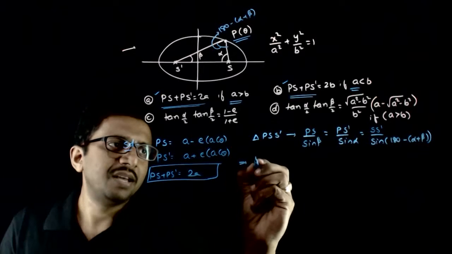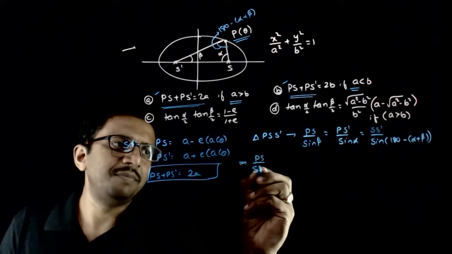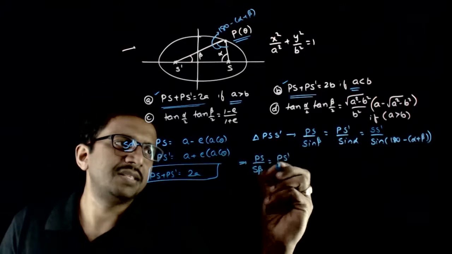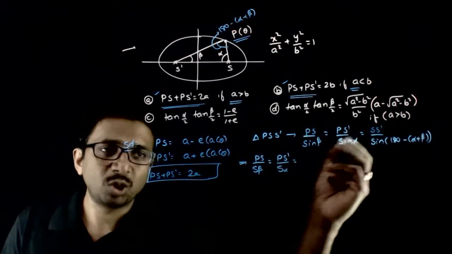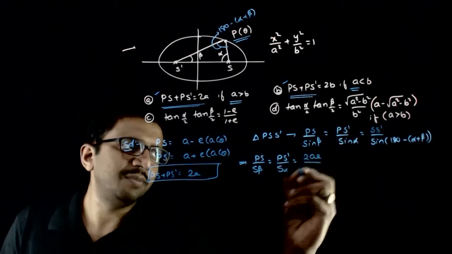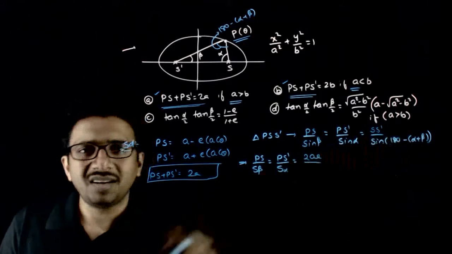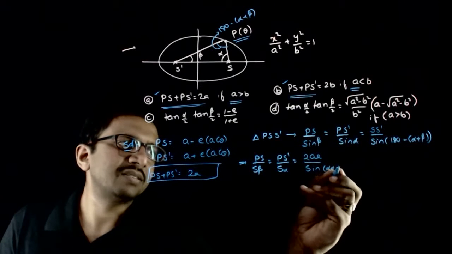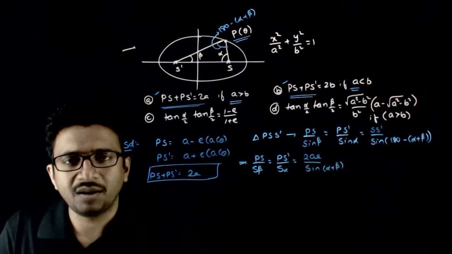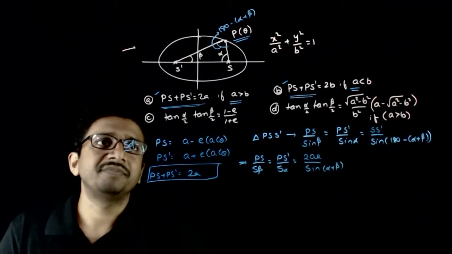This implies PS by sine beta is equal to PS dash by sine alpha is equal to SS dash, which can be written as 2AE, by sine (180 minus theta), which is the same as sine theta. It is sine of (alpha plus beta).